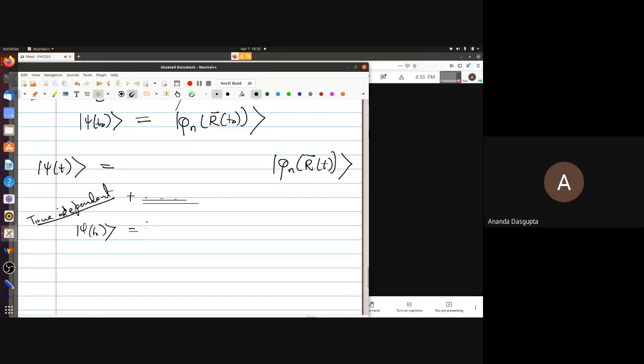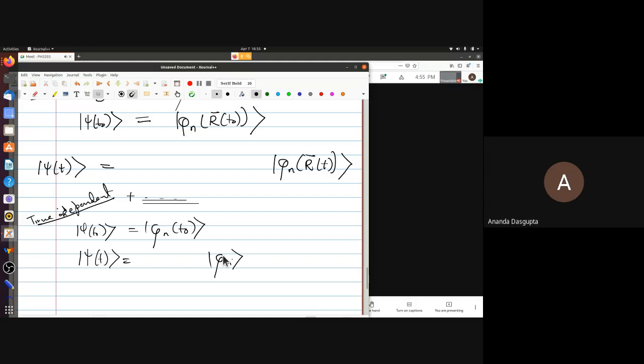If psi(t0) is phi_n(t0), here of course the label t0 doesn't really make much sense, because the Hamiltonian being time independent, the eigenstates are also time independent. But then is psi(t) equal to phi_n(t)? Phi_n(t) is of course the same as phi_n(t0), but is this correct?